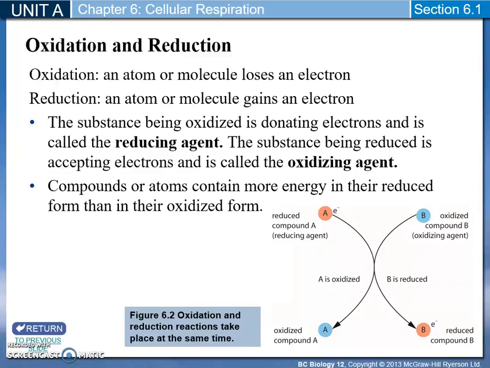So the substance being oxidized is donating electrons, and it's thereby called a reducing agent. The substance that's being reduced is accepting electrons and is thereby called the oxidizing agent. Compounds or atoms contain more energy in the reduced form than they do in their oxidized form.